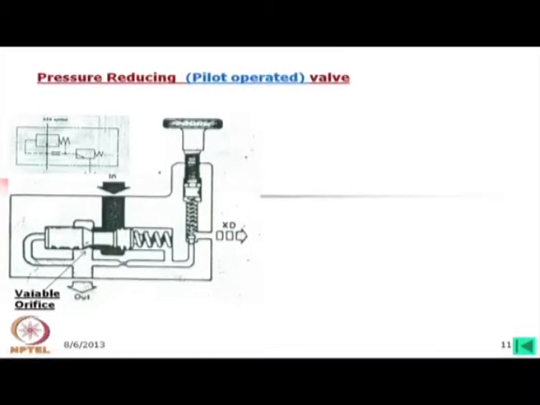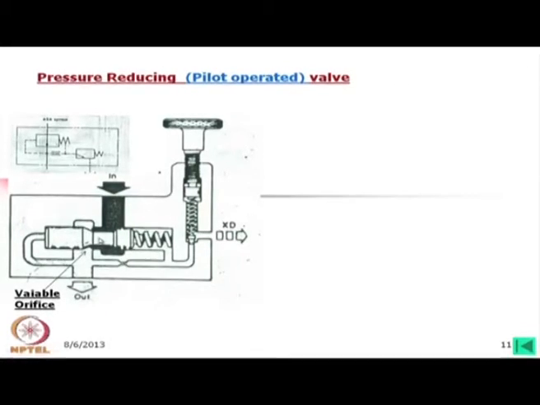This orifice being closed means less area, and through this less area the same flow means we need to have a pressure drop here. So, that pressure drop will again set to the desired pressure. What does it mean?